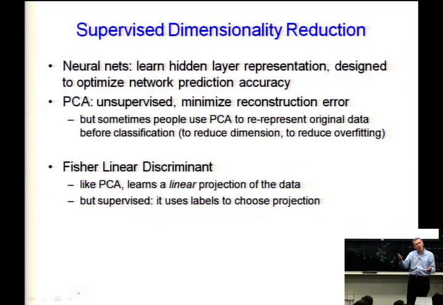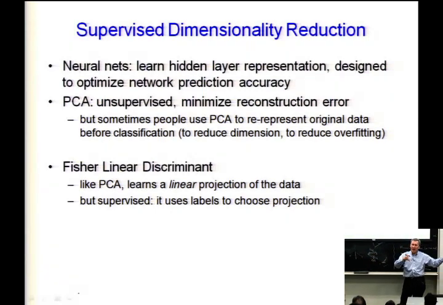Whereas a neural network was a supervised, or could be used as a supervised method, in the sense that we're really trying to learn with a backpropagation neural network some mapping from an X to an output Y, and the hidden layer in that neural network re-represents the input X's, but does it in a way that isn't necessarily trying to minimize the reconstruction error of the inputs of the network, but instead is trying to minimize the error in predicting the Y's. So in that sense, supervised.